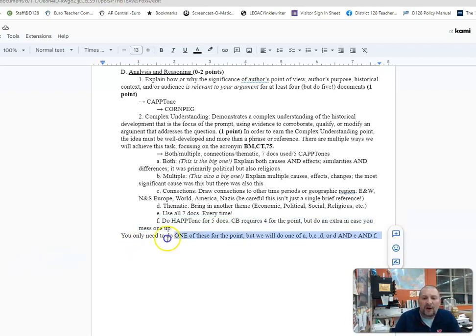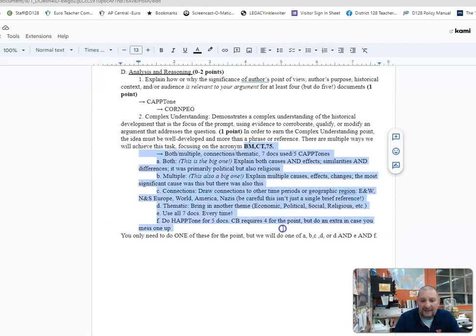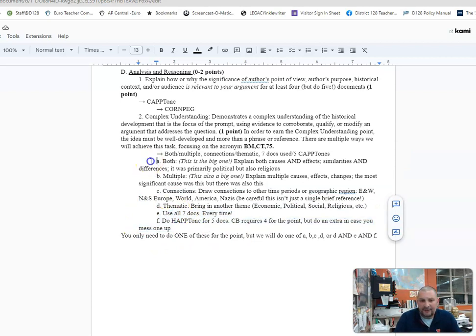You only need to do one of these to get the point, one of any of these things. But we are going to do either A or B, or C or D, but every time we are going to do E and F. So we're going to do one of these 4, most likely A or B, and then E and F every time.